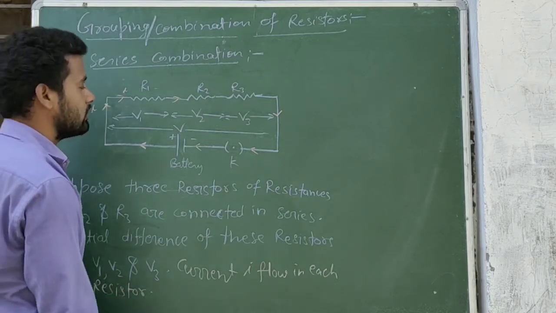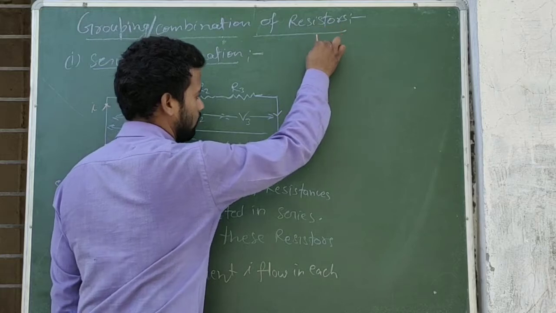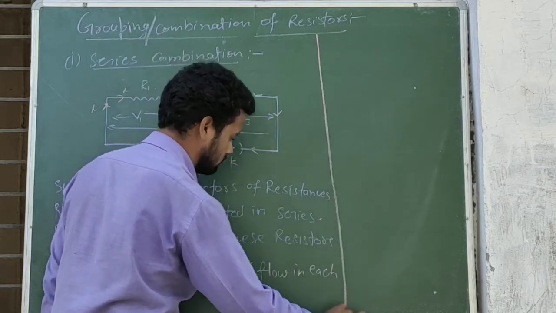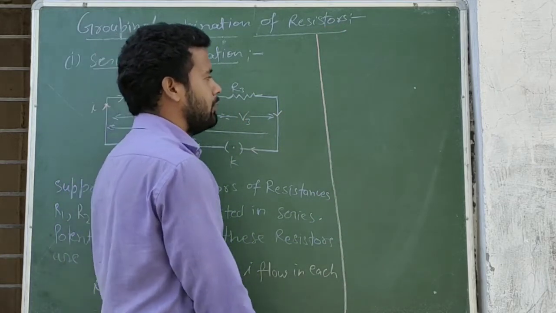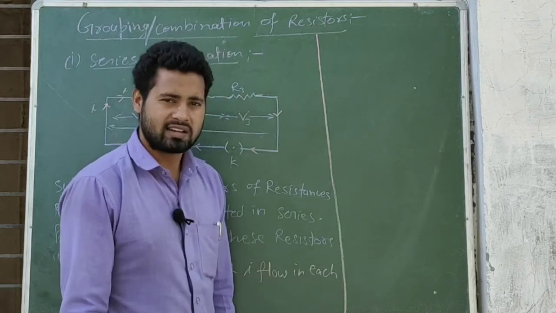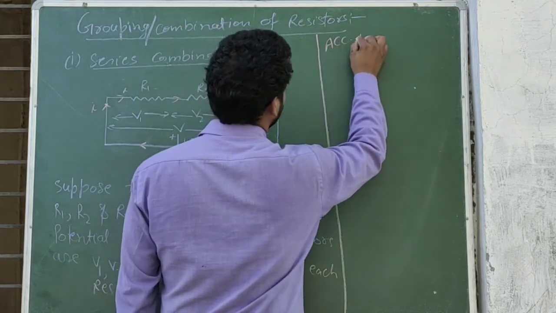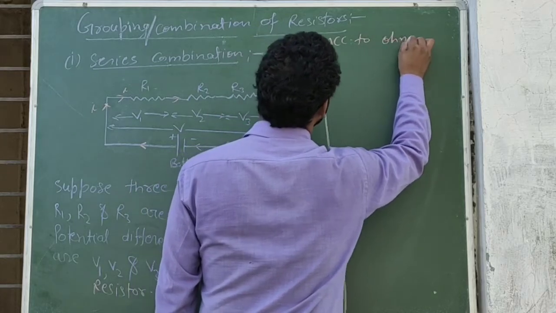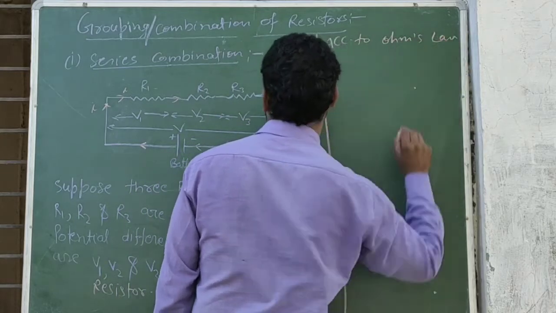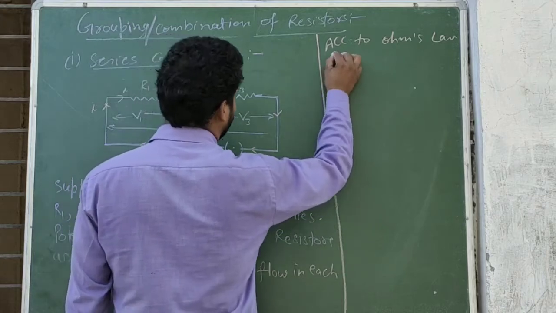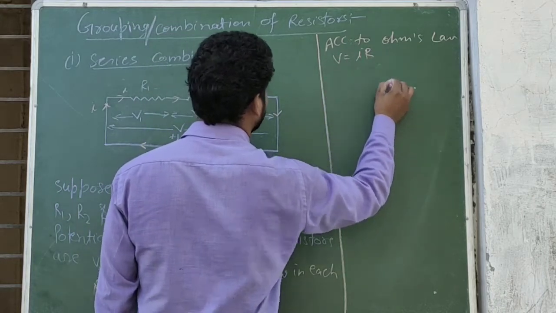Okay. Therefore, according to Ohm's law, which we discussed in the last lecture, V equal to IR.